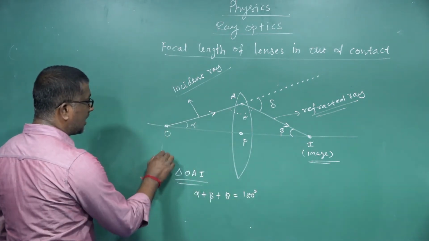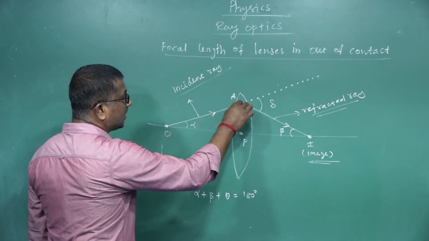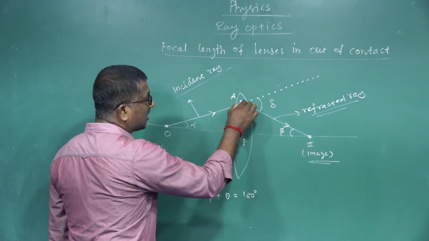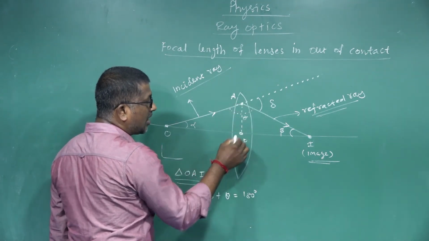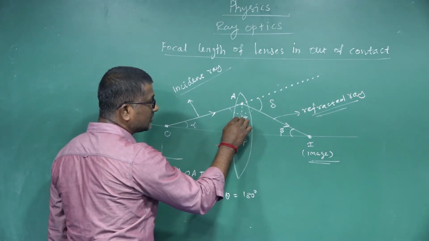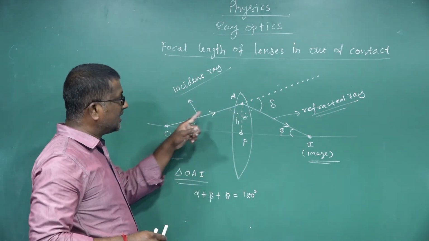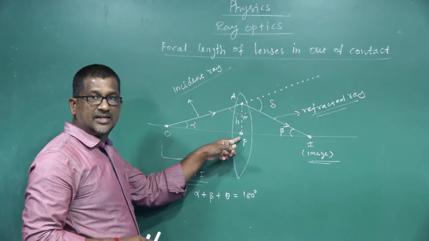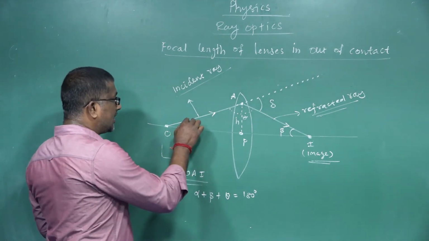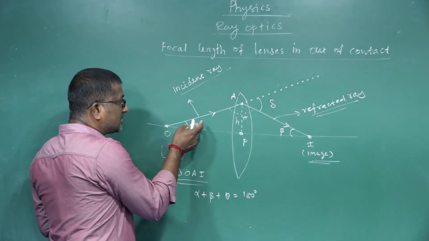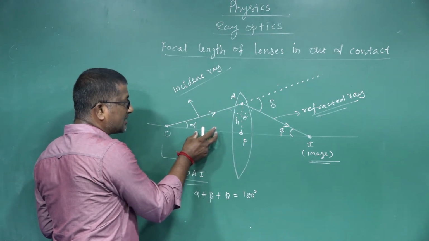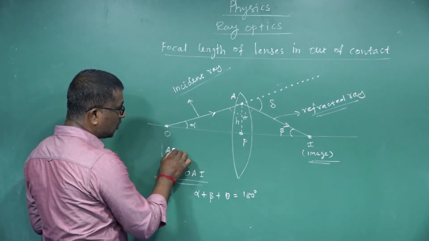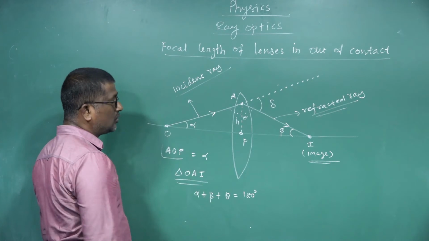Suppose the height of the point of incidence from the optic center of the lens is taken as H. Here this incident ray strikes the convex lens at point A at a height of H from the optic center. Here the angle made by the incident ray with the principal axis is alpha, which is equal to angle AOP. So angle AOP is equal to alpha.